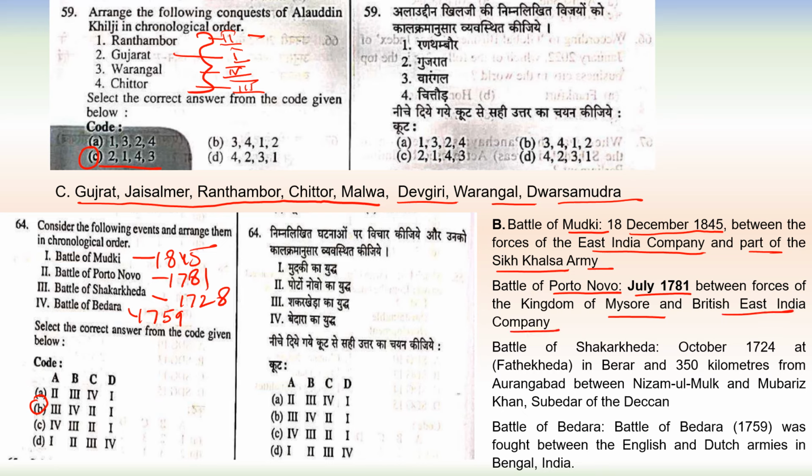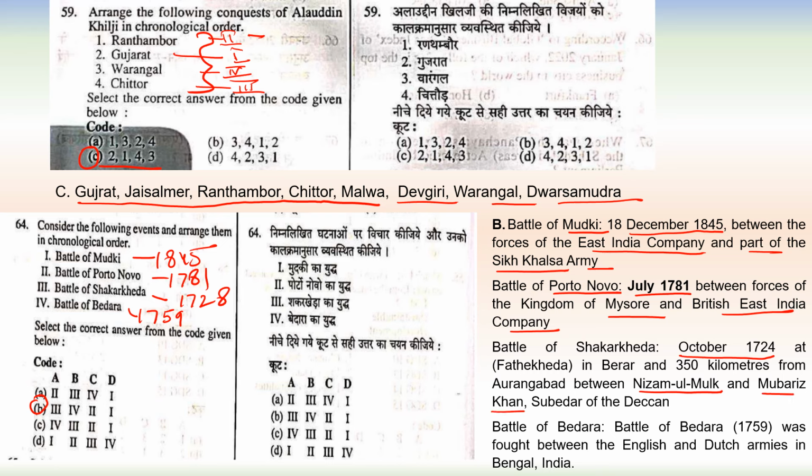Battle of Sakarkheda, fought in October 1724 at Fateh Kheda in Berar, that is 350 kilometers from Aurangabad, and it was between Nizamul Mulk and Mubaris Khan.